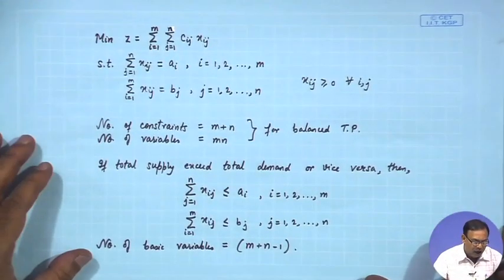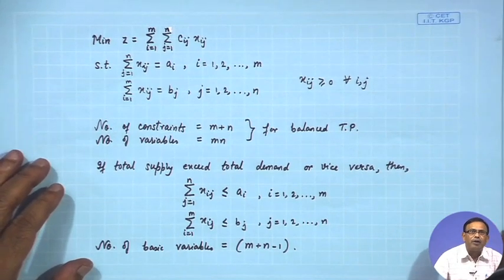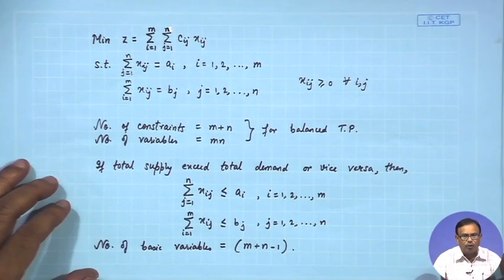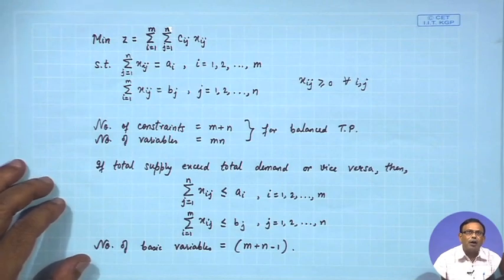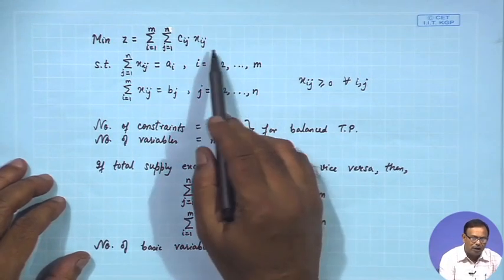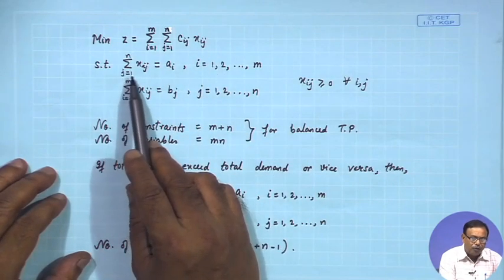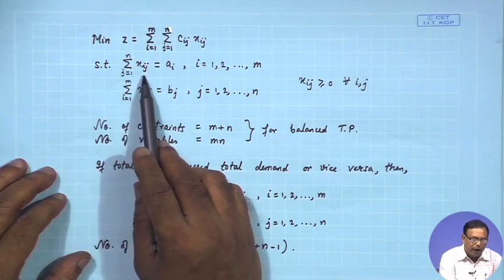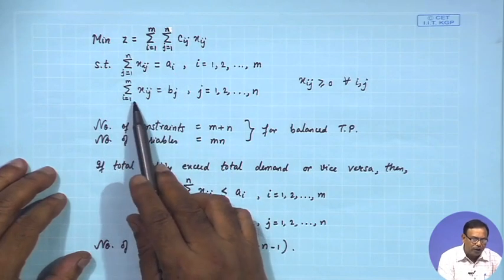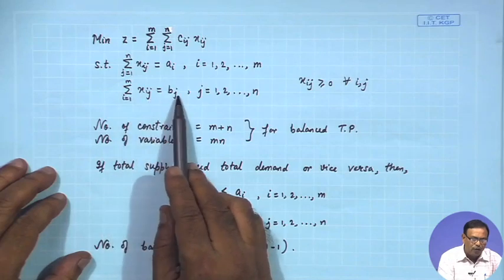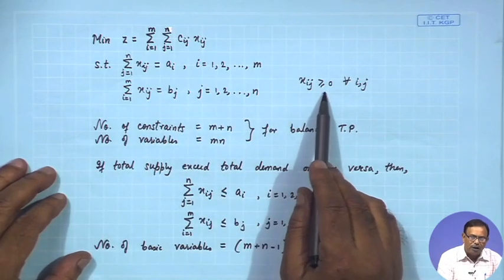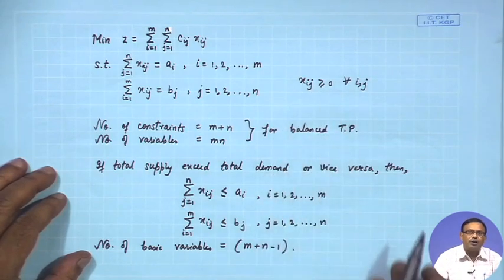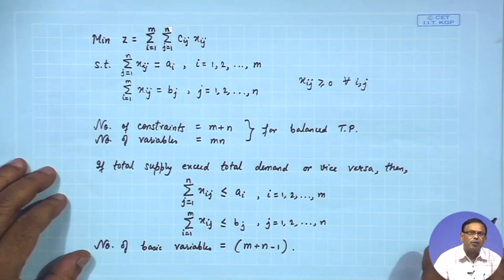If I have to write this in matrix notation, I can write: minimize z equals summation i equals 1 to m, summation j equals 1 to n, cij xij, subject to these two restrictions I told earlier: summation j equals 1 to n, xij equals ai, and summation i equals 1 to m, xij equals bj, where xij is greater than or equal to 0. Since you are transporting commodities or goods, it always should be greater than or equal to 0.